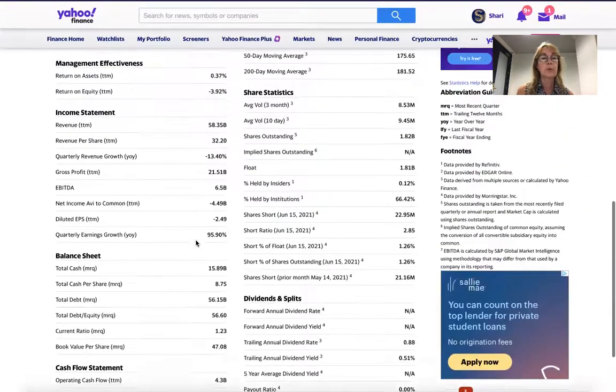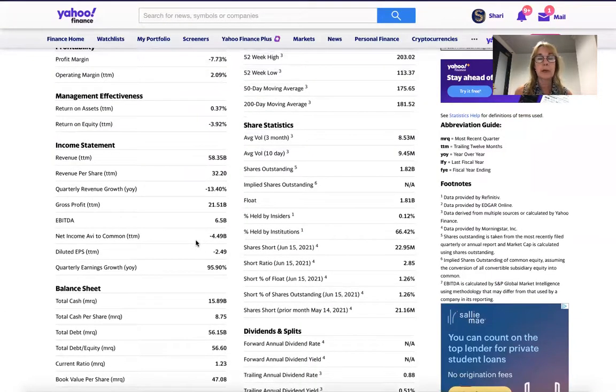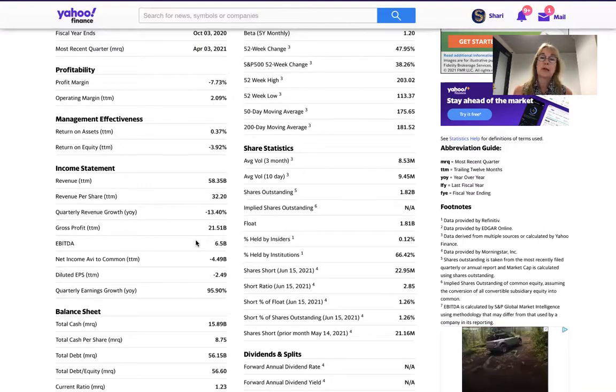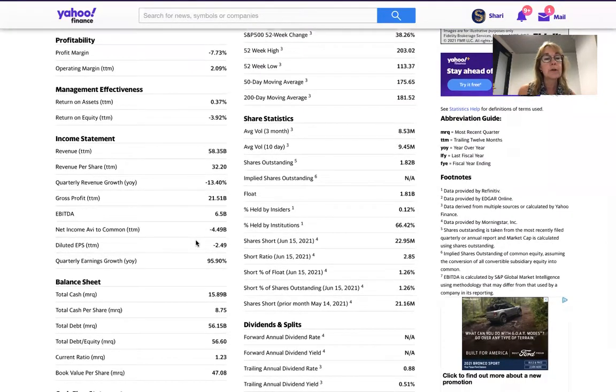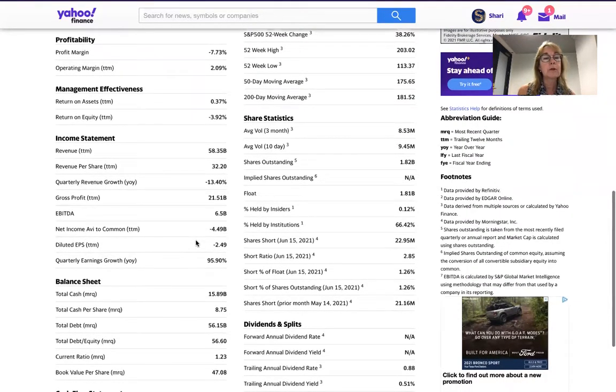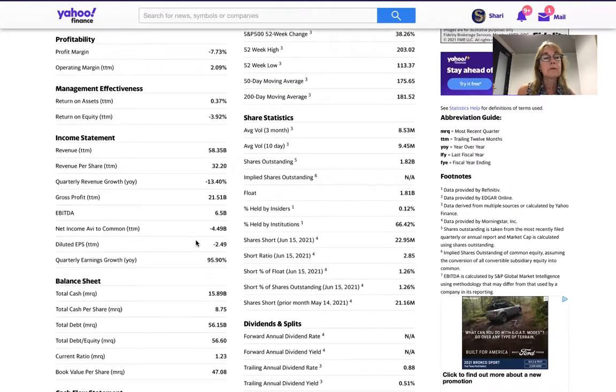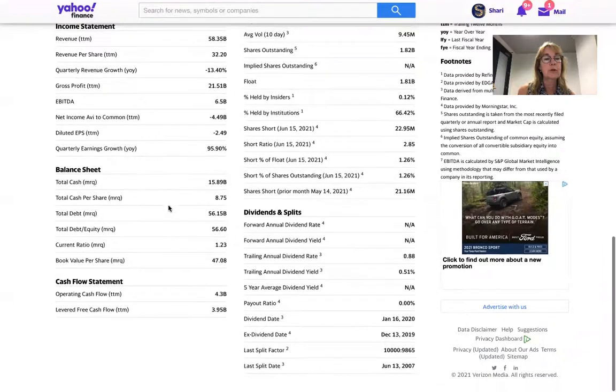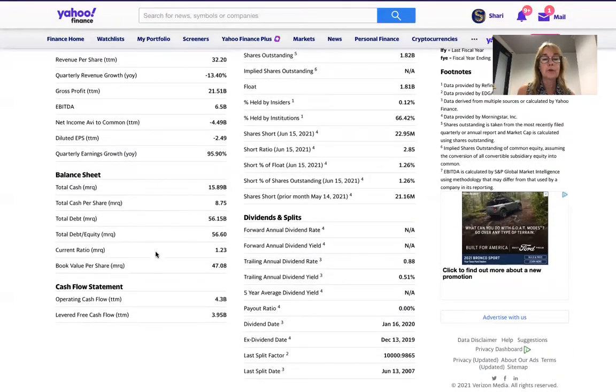Okay, so let me just give you some of the main ratios to look at, just to repeat. Definitely look at the PE ratio, look at return on assets, return on equity. You can look at the revenue growth. I mean, that's not a ratio, but you can look at that. Take a look at their current ratio.